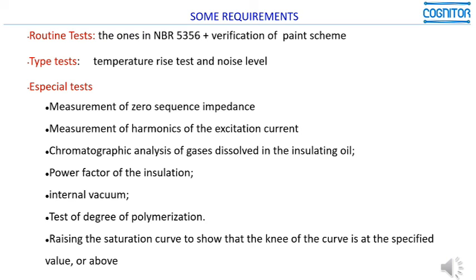You see that the list of tests does not include short circuit tests. Possibly in this case it was based on some kind of calculation, but it's not included in the list.